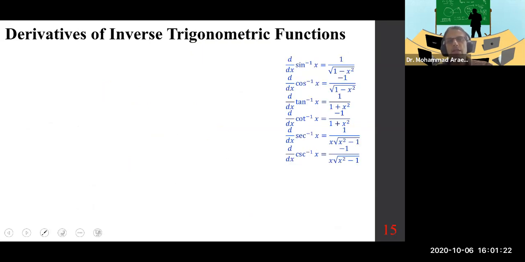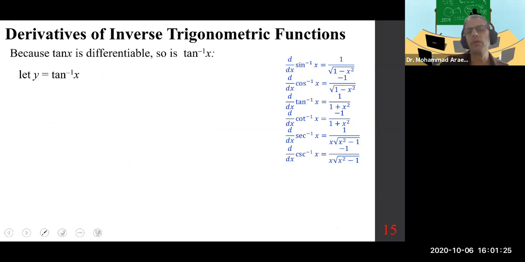Let's look at tan inverse. By the way, on the right, again, I have the formulas for you, class. What I want to mention is that the sine inverse and cosine inverse, the difference is negative 1. The derivative of tan inverse is 1 over 1 plus x squared. For cotangent inverse it's the same thing, you make it negative. For secant inverse it's 1 over x times the square root of x squared minus 1.